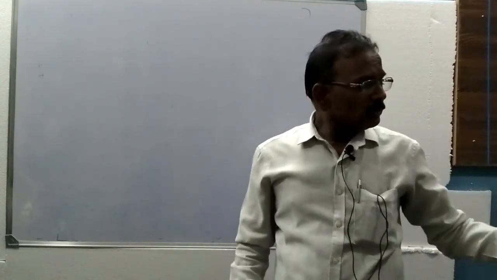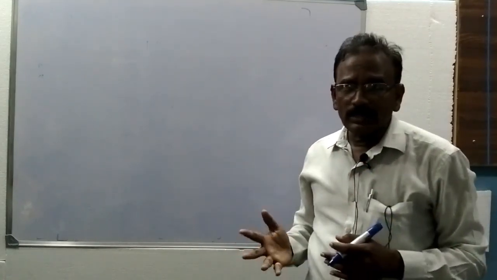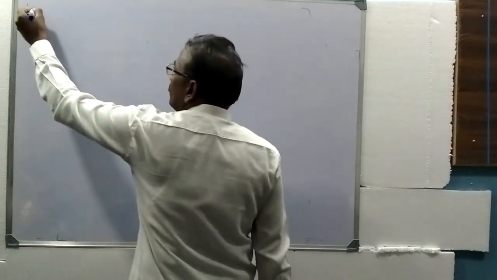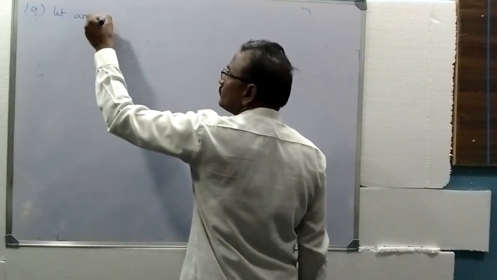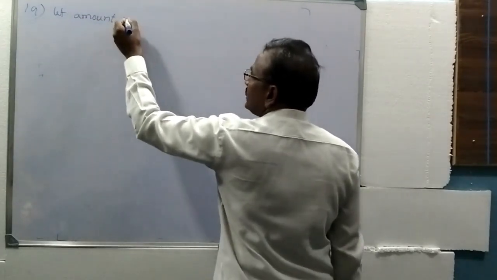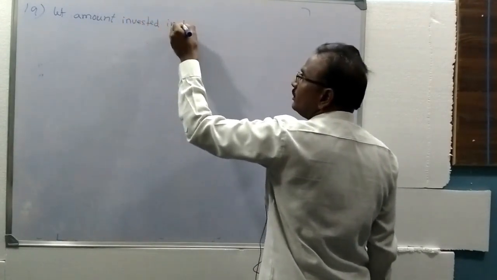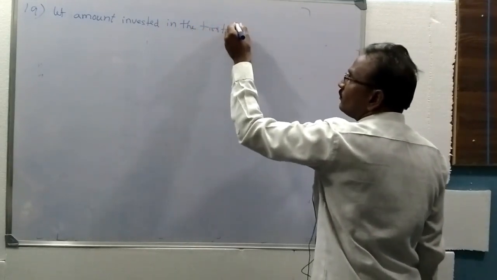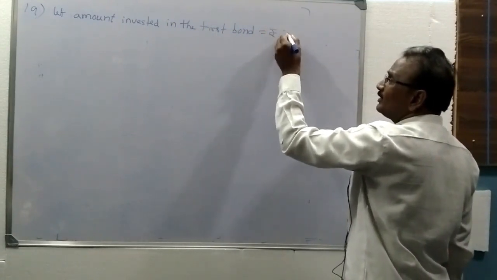So 30,000 is invested into two types of bonds. Question number 19: let the amount invested in the first type of bond be x rupees.